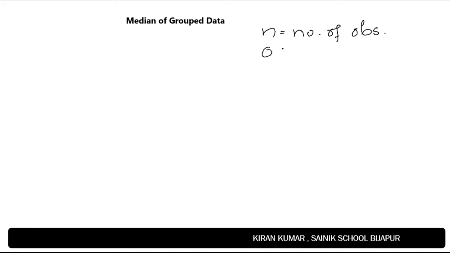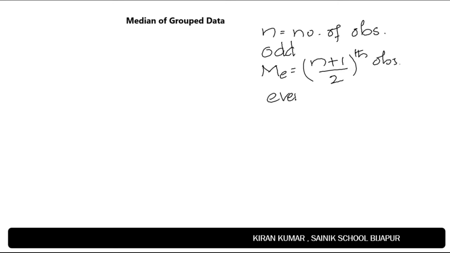If the number of observations is odd, we find the median as the (n plus 1) by 2th observation. Suppose there are 5 observations, then (5 plus 1) by 2, the third observation, will be the median, provided the observations are arranged in ascending or descending order.